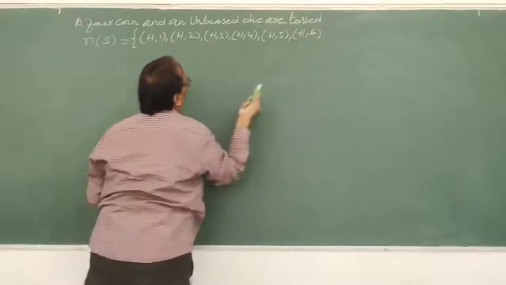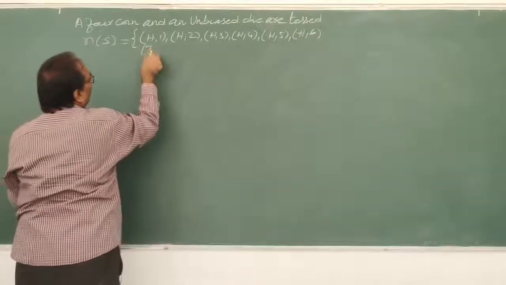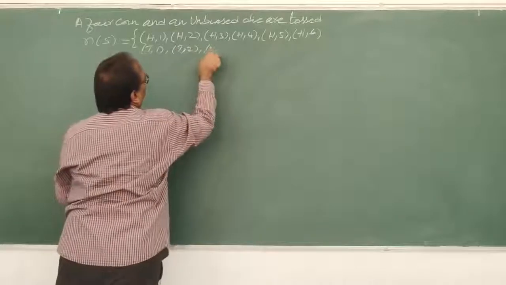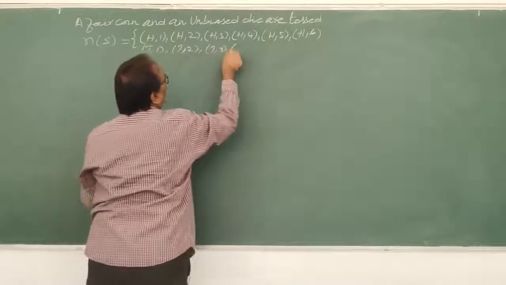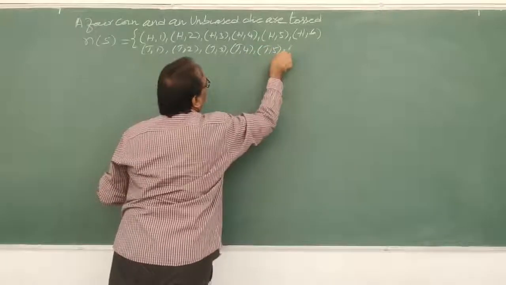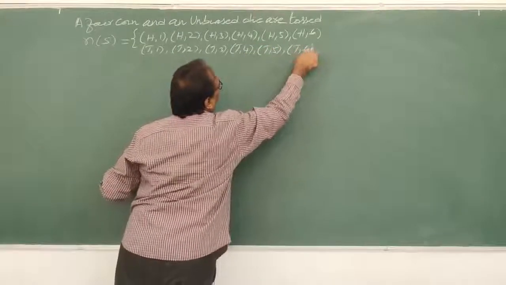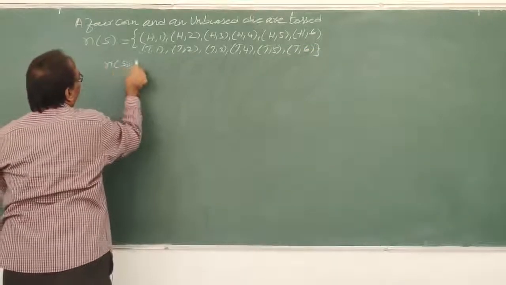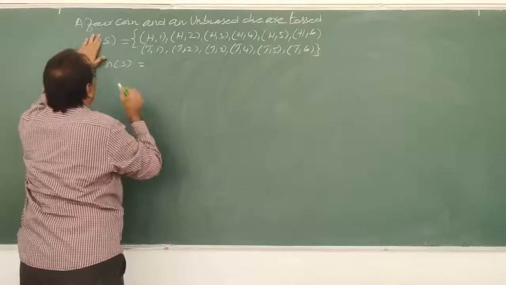This is one way. Tail comma 1, tail comma 2, tail comma 3, tail comma 4, tail comma 5, tail comma 6. So total how many are there, my dear students? n of S. This is S, the sample space.